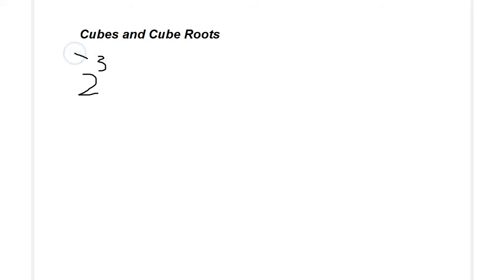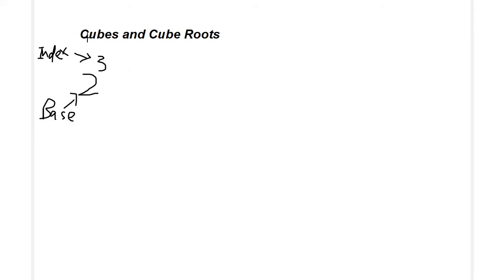This number is a power of 3, and this can also be called an index, and this is called the base of the number. Okay, this is called the base and this is called the index.